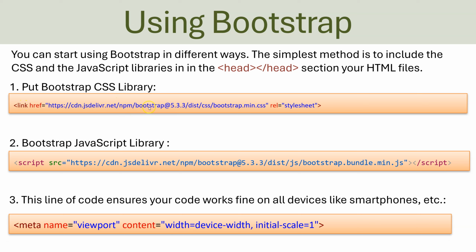If you only want to use the CSS library, you only need to include this one. But if you want to also include the JavaScript features in Bootstrap, you can also include this library. And also in the same head section, you can include this line of code that makes your application or your web page work fine on all kinds of devices, from computers to small smartphones, etc.